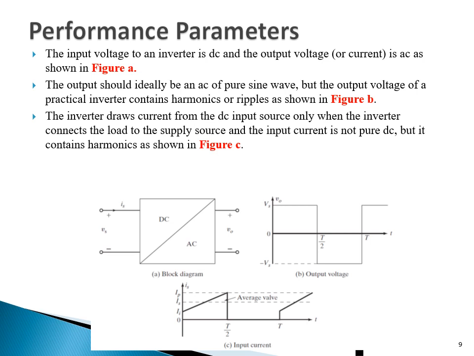So just looking at these points, the input voltage in an inverter is DC and the output voltage is AC. The output should ideally be AC or a pure wave, but the output voltage in a practical inverter consists of a square wave and hence has harmonics or ripples. The inverter draws current from the DC input source only when the inverter is connected to a load, and the input current, as we can see, is not a pure DC, but it also contains harmonics as shown in this particular figure C.